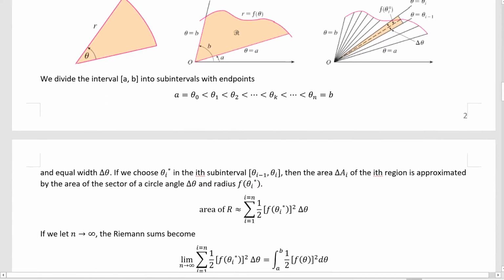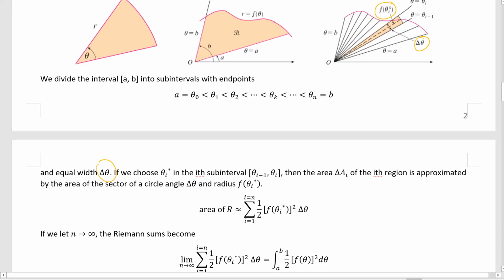Each of them has an equal angle, change of theta. If we choose theta i in the ith subinterval from theta i minus 1 to theta i, then the area of the ith region is approximated by the area of a sector of a circle with angle change of theta and radius f of theta i.